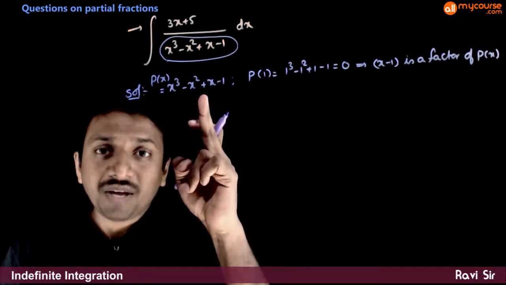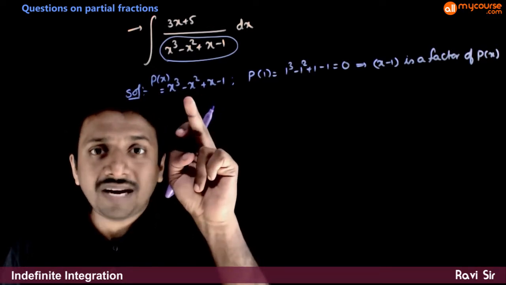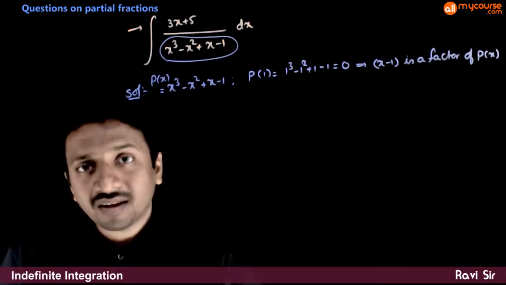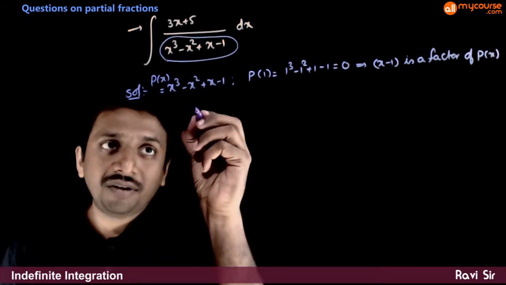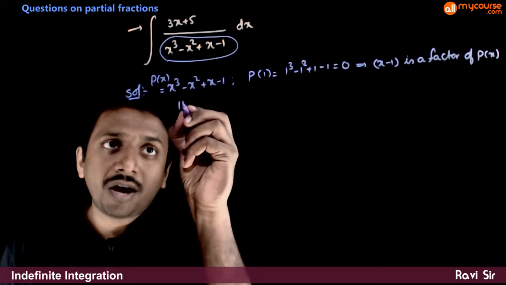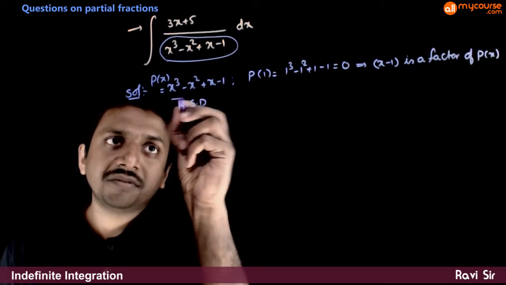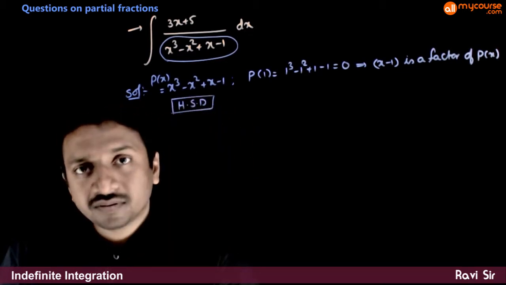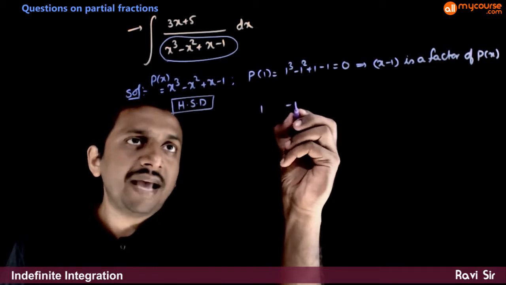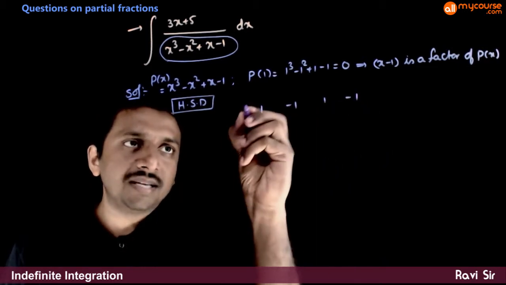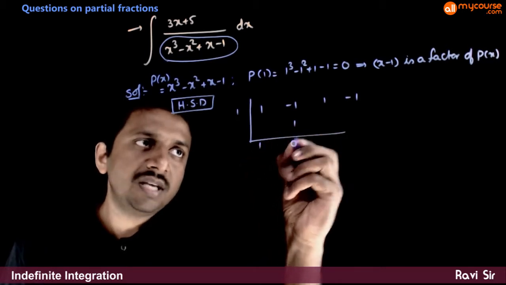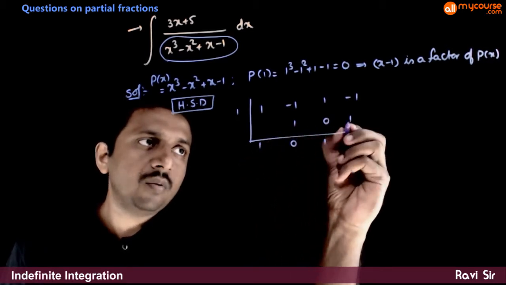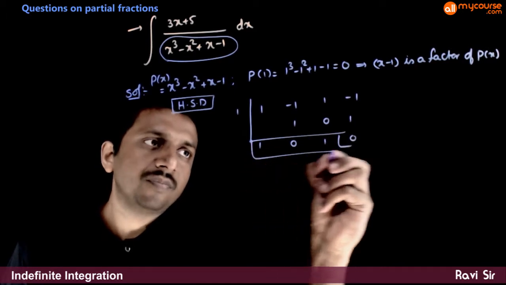To get the remaining factor, we just need to divide this polynomial by x minus 1. Let us try to divide this using Horner's synthetic division. So 1, minus 1, 1, minus 1. So 1, 1, 1, 0, 0, 1, 1, 0.